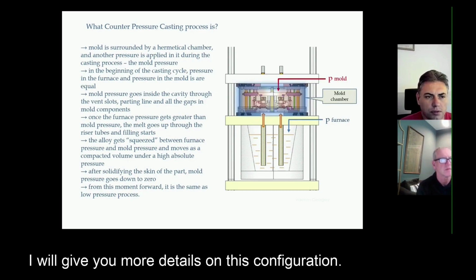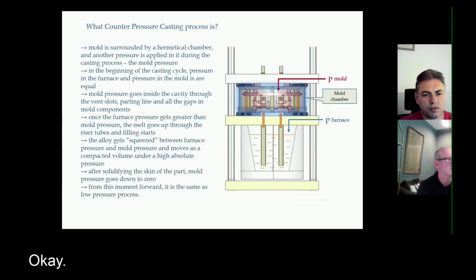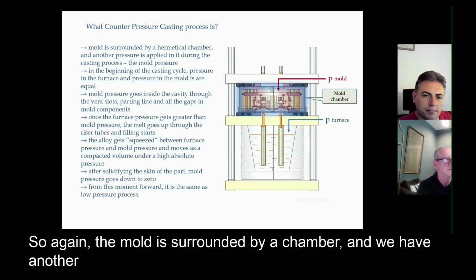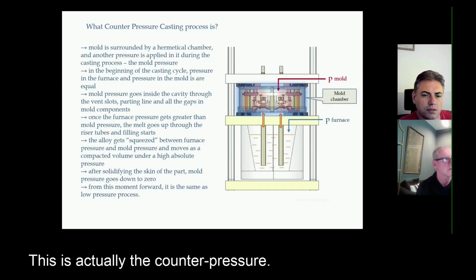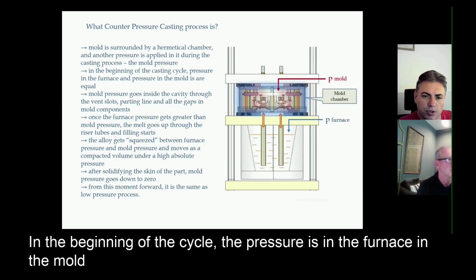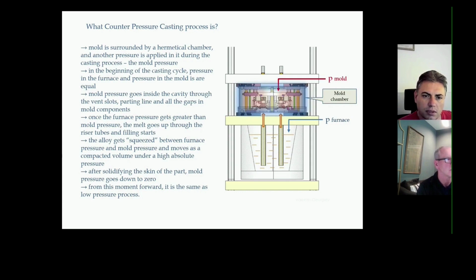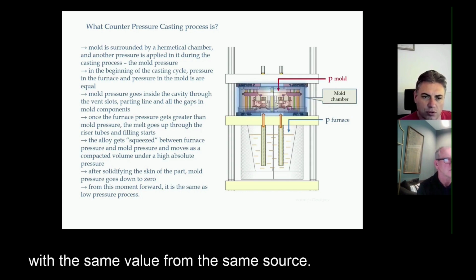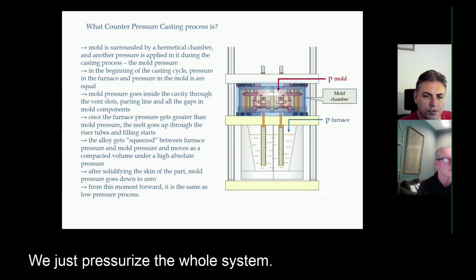I will give you more details on this configuration. Again, the mold is surrounded by a chamber, and we have another pressure in this chamber. This is actually the counter pressure. In the beginning of the cycle, with the pressure in the furnace and the mold at the same value from the same source, we just pressurize the whole system.